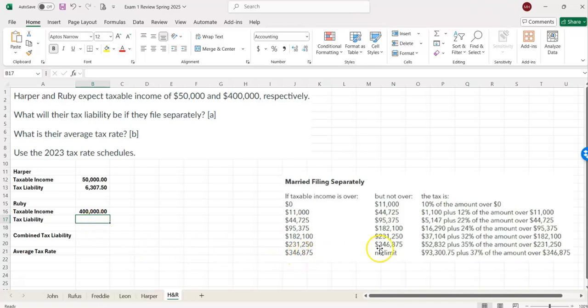Now for Ruby, Ruby's actually above $346,875. So her tax liability is going to be $93,300.75 plus 37% of the amount over $346,875. So that equals $93,300.75 plus 0.37 times her taxable income minus the 346,875.